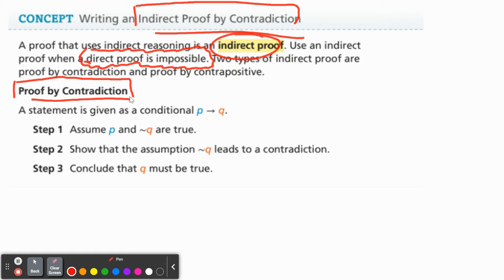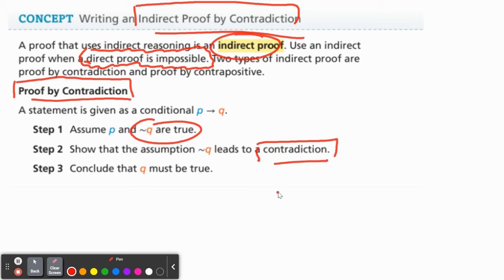So when you do a proof by contradiction, the first thing you do is you're given a conditional statement, if P then Q. You are going to assume that P is true and not Q is true. You're going to negate the conclusion. Once you do this, you now need to show that the assumption not Q leads to a contradiction.